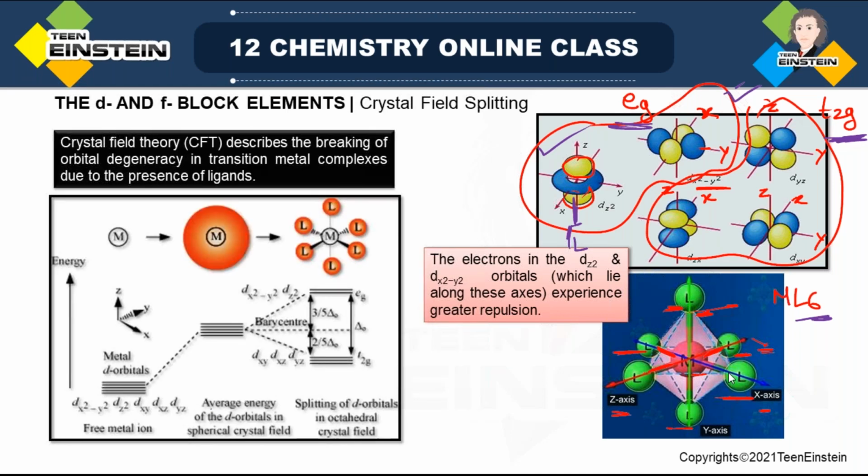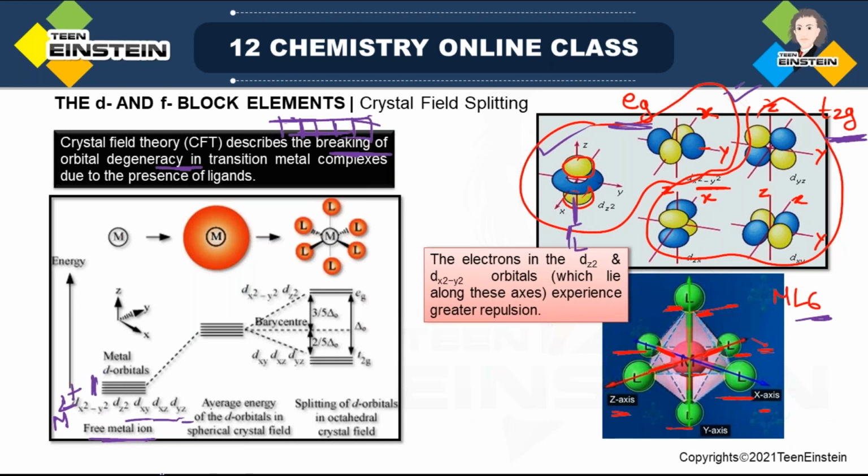Now look at this picture. This picture is on the basis of crystal field theory, which describes the breaking of orbital degeneracy. That means previously, in the absence of ligand, all these 5 d orbitals have the same energy, right? So when it is a free metal, suppose it is simply M2 plus, all the d orbitals have the same energy.